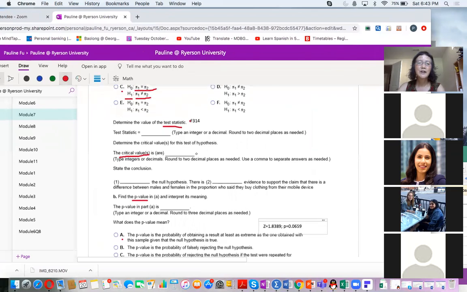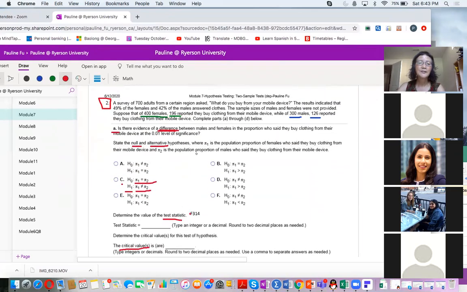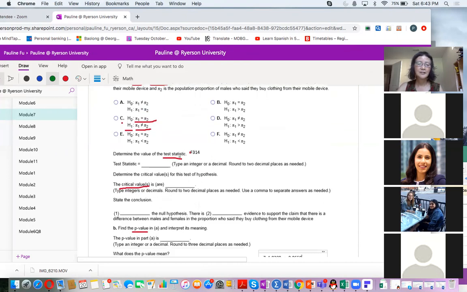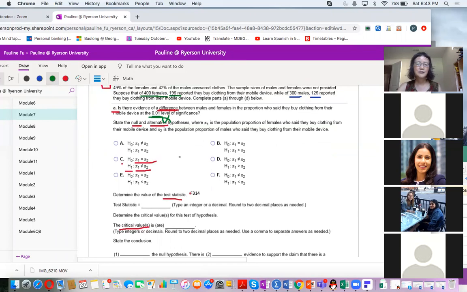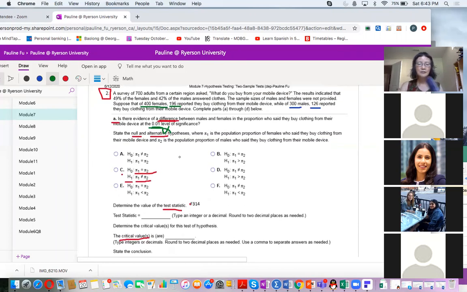So the critical value, when you have alpha, where's my alpha? See, this is alpha. 0.01 is alpha, okay? When you have alpha 0.01, so critical value is, anyone remember? If you don't remember, how do I do critical value?